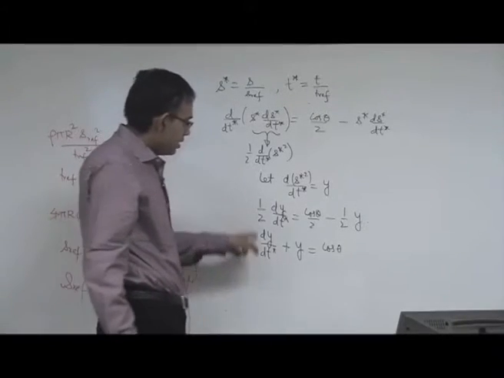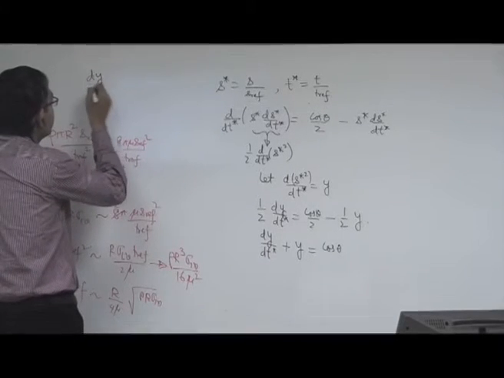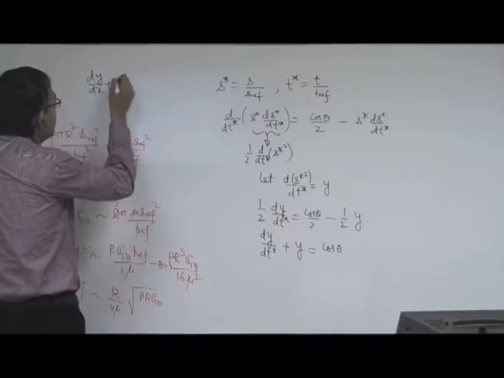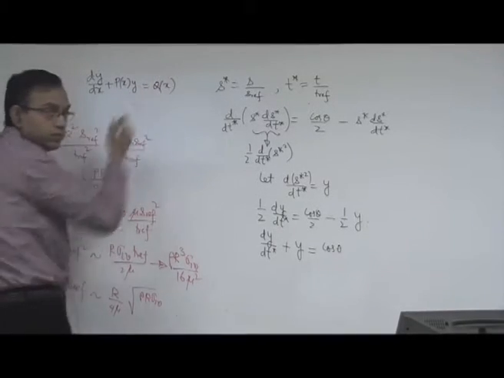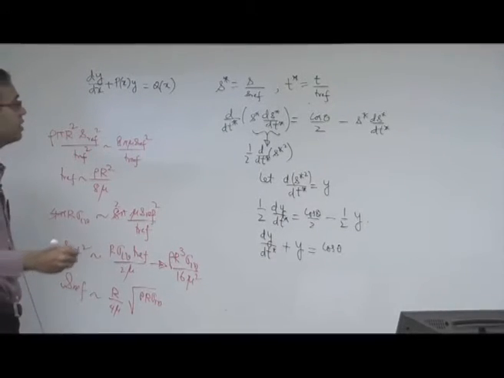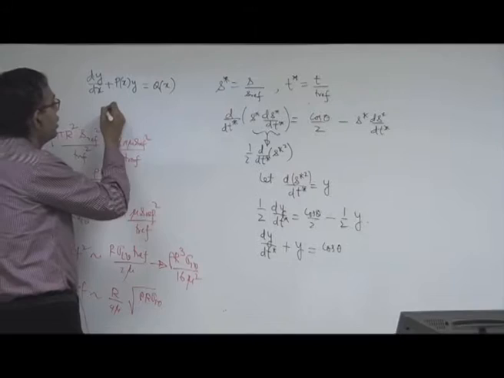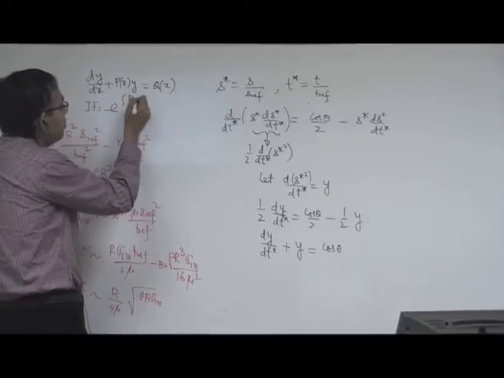So, this is a differential equation of the form dy/dx plus py is equal to q. This is the form of the differential equation. For solving it, the technique is you multiply it by an integrating factor e to the power integral p dx.